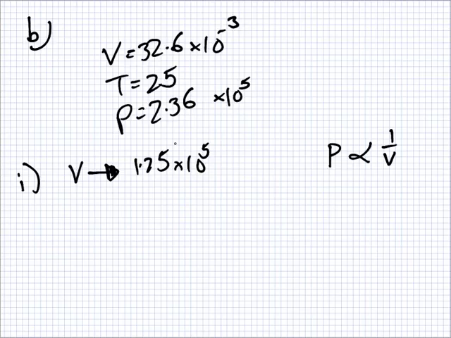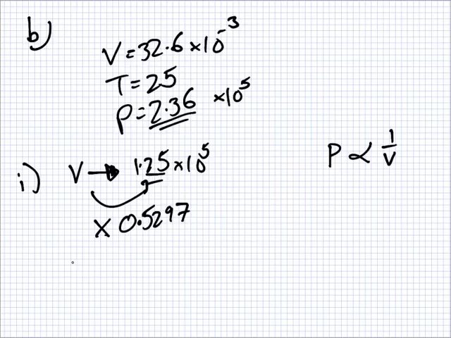Decreased. And how much has it decreased by? It's decreased by 53%. So it was multiplied by 0.5297. That's how much smaller it is. Originally it was this, and now it is this. Just a division. So what happens to the pressure? It increases.